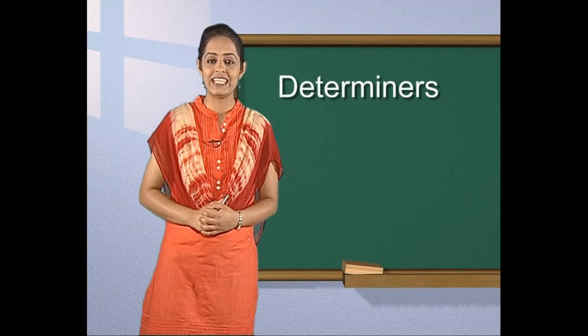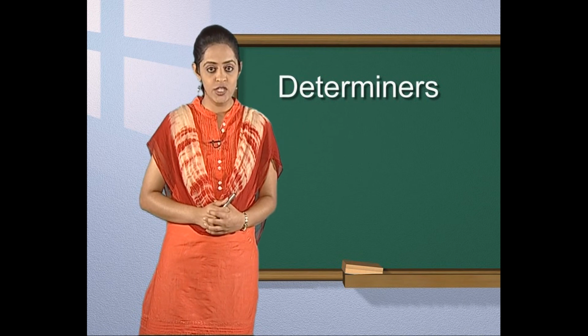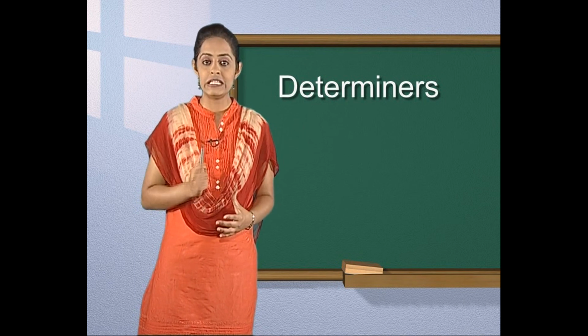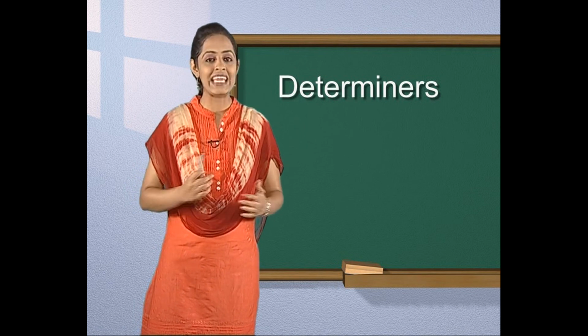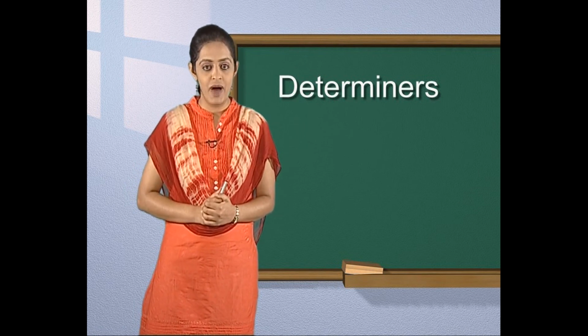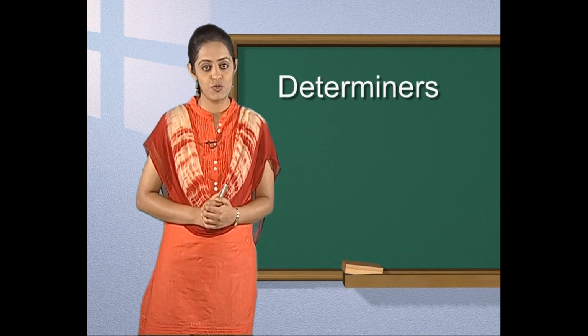What have we finally come to? This and that are singular, whereas these and those are plural. Again, I would like to remind you that in demonstratives also a noun always follows.